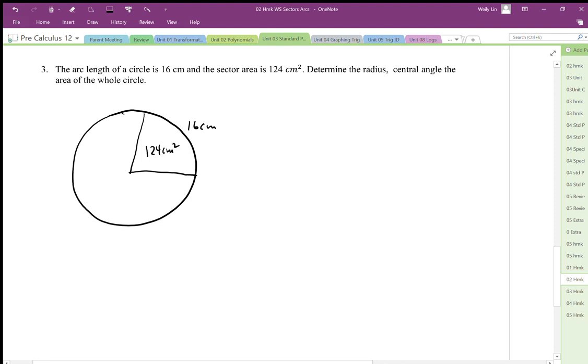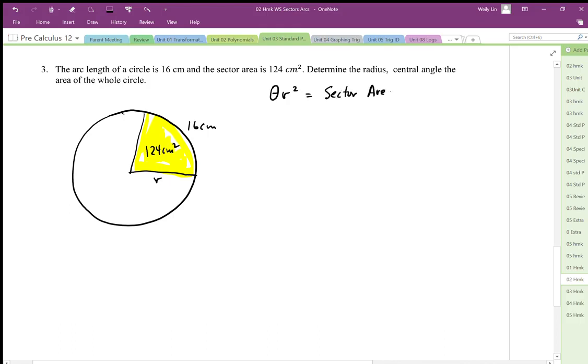So this is what I'm looking at, and I have to determine the radius, the central angle, and the area of the whole circle. I can use a formula for finding the radius from the area, because the area formula looks like this: theta r squared over 2 is equal to the sector area.